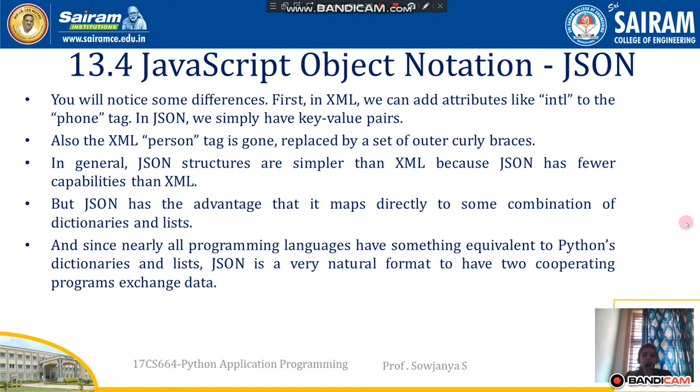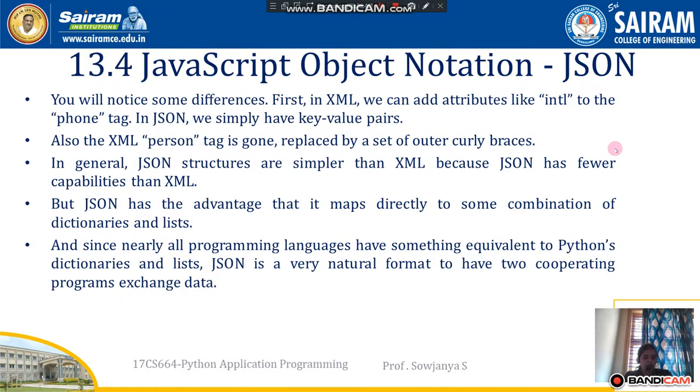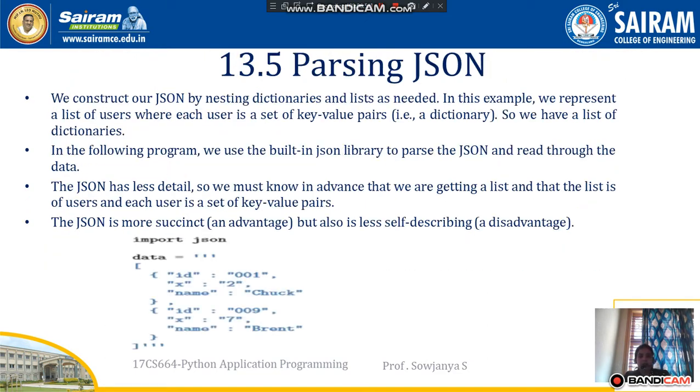Now in the program we have noticed some differences when compared to the previous XML program. In the XML we could add attributes like intl to the phone tag. In JSON we simply have the key value pair, which is written here. Also, in the example the person tag is gone, replaced by a set of outer curly braces.